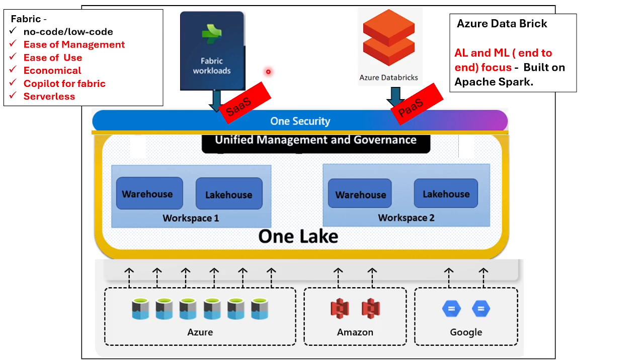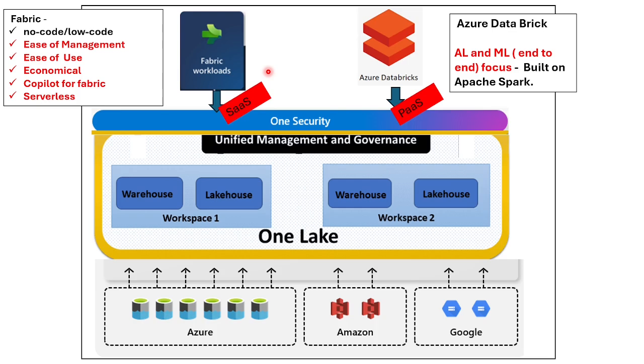And if you are speaking about Microsoft Fabric, it's a software as a service. It's a no to low code platform, meaning it has ease of management, ease of use. It's economical because it runs on serverless clusters, and it also has something called Copilot for Fabric, which is going to be an AI.